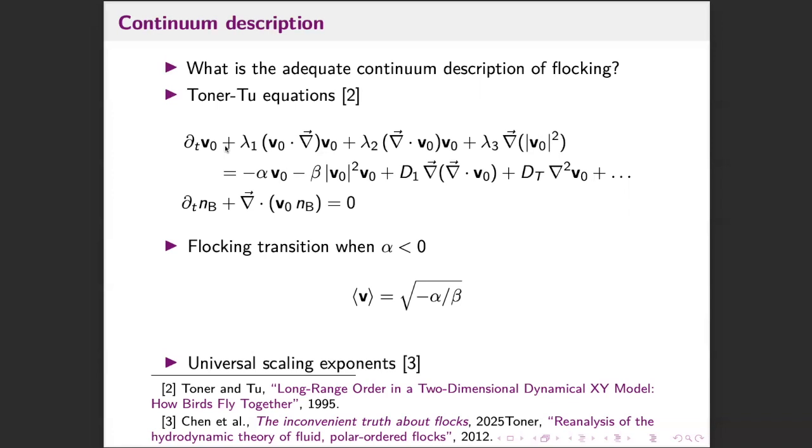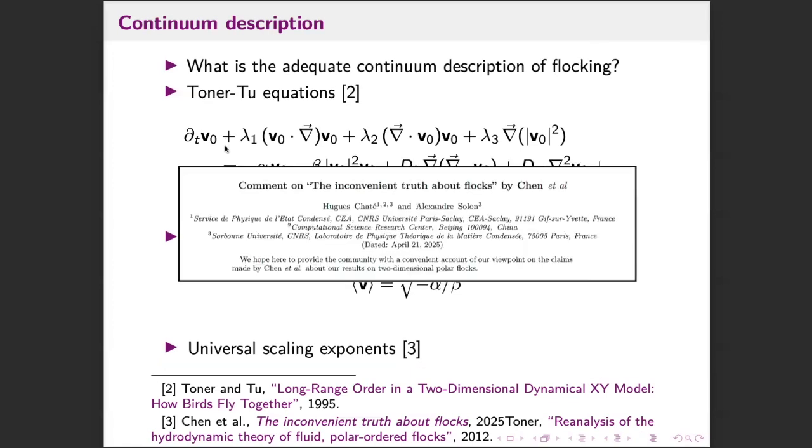But now, this year, John Toner wrote a paper which is called The Inconvenient Truth of Flocks, where he essentially says, so John Toner is the one who formulated the Toner-Tu equations. He says that you can never know the universal scalings, and that made a lot of people a bit upset. So there was some comment on this work and a reply.